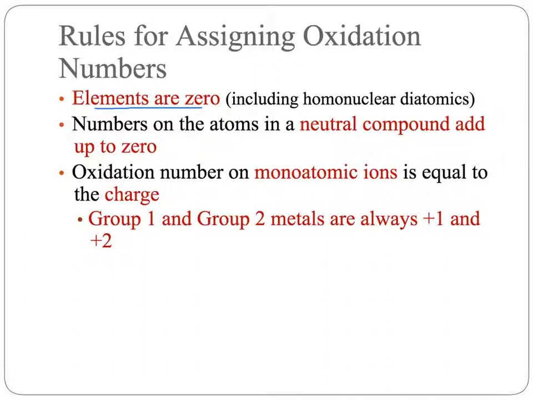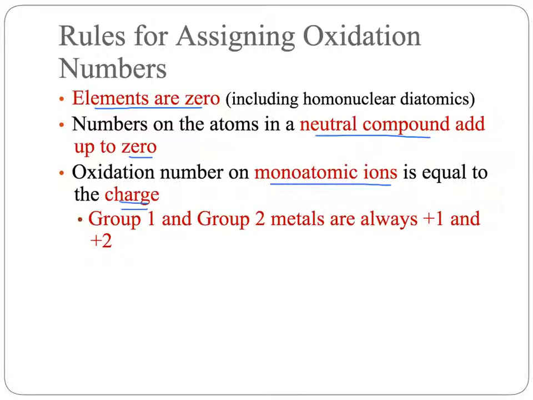The second rule is that the oxidation numbers on the atoms in a neutral compound add up to zero. So sodium chloride, hydrogen sulfide, carbon dioxide, all of those neutral compounds, when you add up all the oxidation numbers within that compound, you should end up with zero. The oxidation numbers on monoatomic ions are equal to charge.